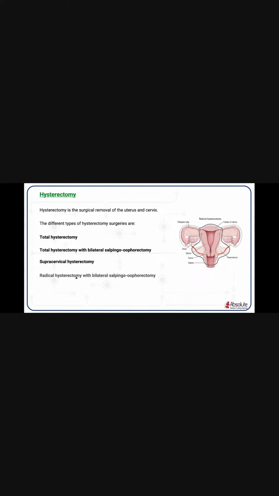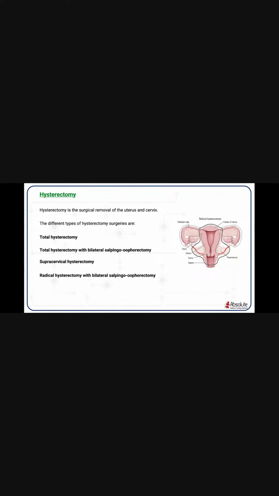Okay, now we have the fourth type, and this is the most complex case, and it is usually done for malignancy cases. So it involves not just the removal of the uterus. The surgeon may also remove the surrounding tissues, the lymph nodes, and sometimes additional structures depending upon how extensive the disease is.